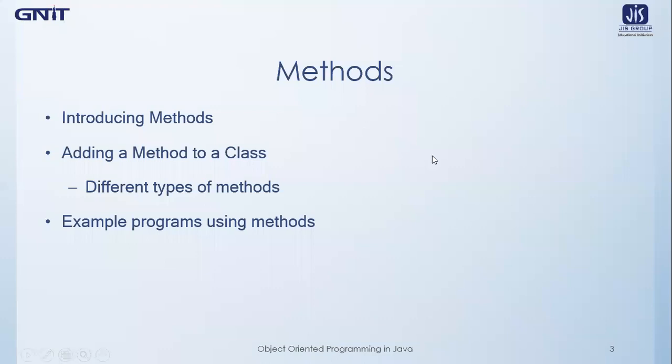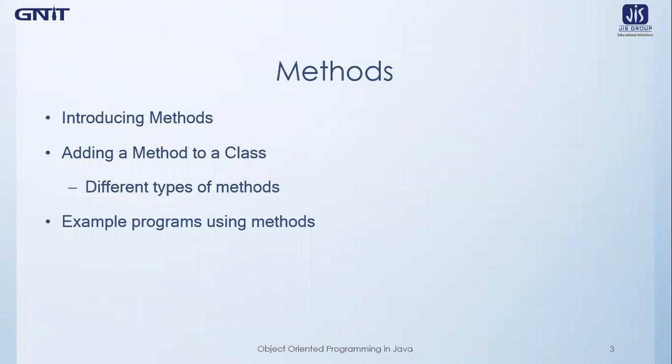So to begin with, methods are normally those codes which will act on some data contained within some variables, more specifically instance variables. But methods not only work on instance variables, they also work on local variables, which we will see in today's lecture. So let's begin with the general syntax of a method.